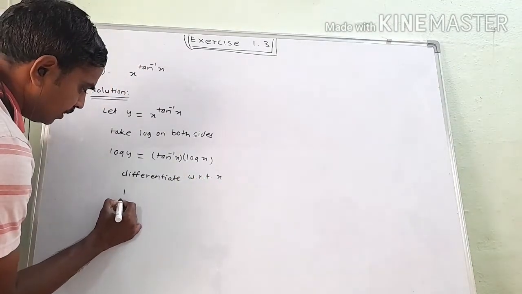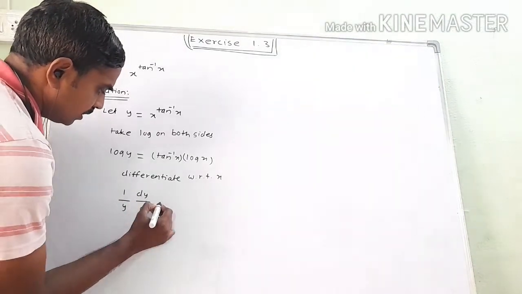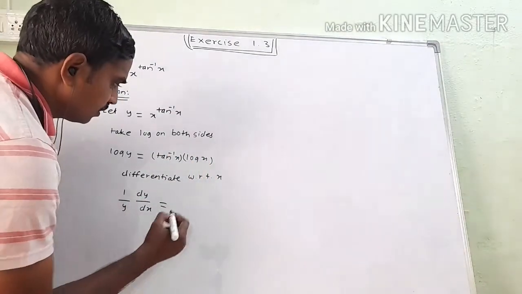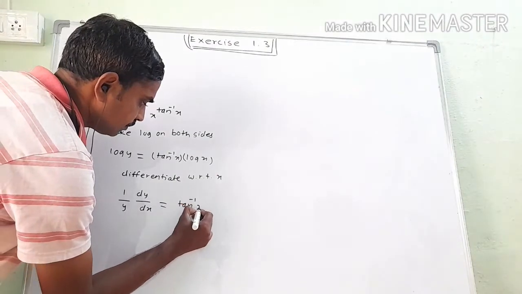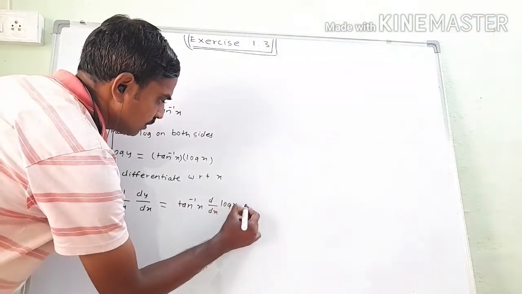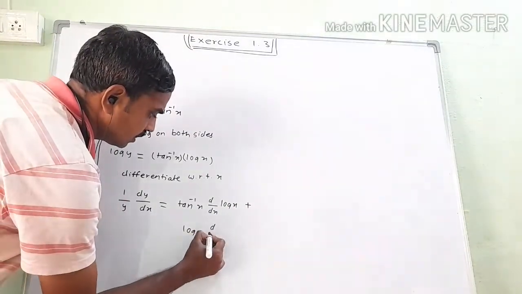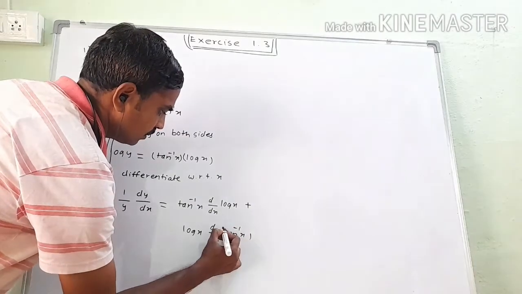The left side term will be, in the usual manner, 1 by y dy by dx equal to. To solve the right side differentiation, we have to use the product formula, means first function as it is into d by dx of second function plus second function log x as it is into d by dx of tan inverse of x.